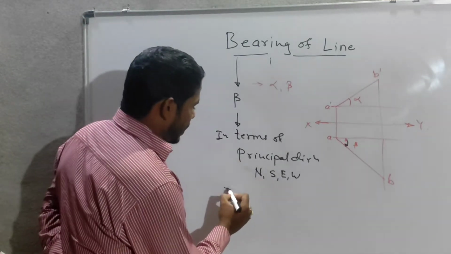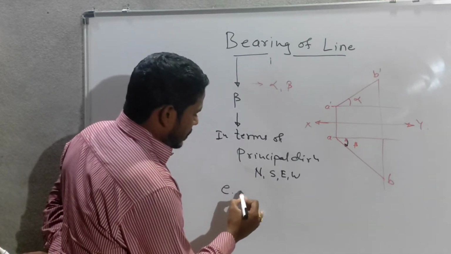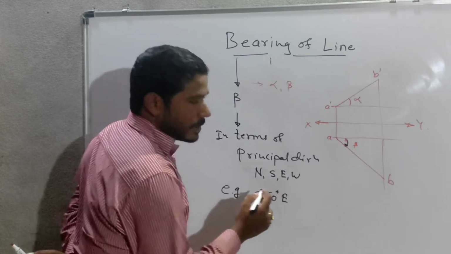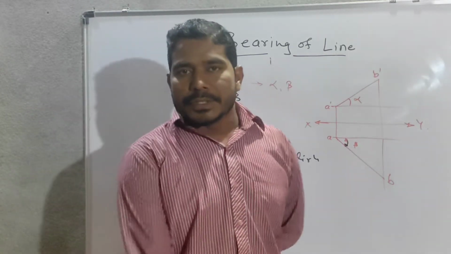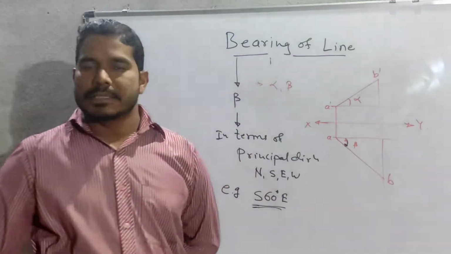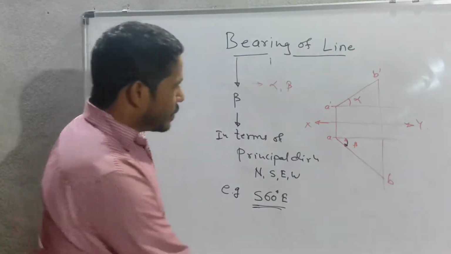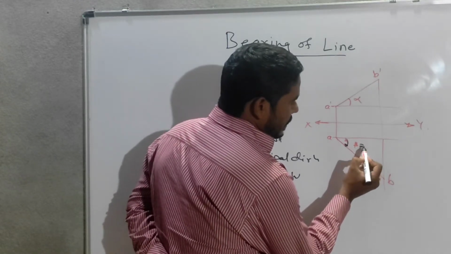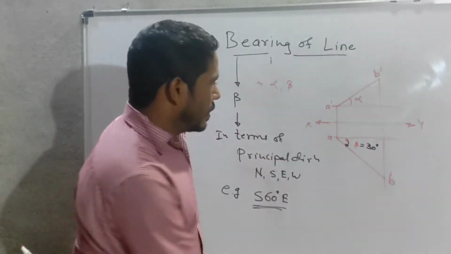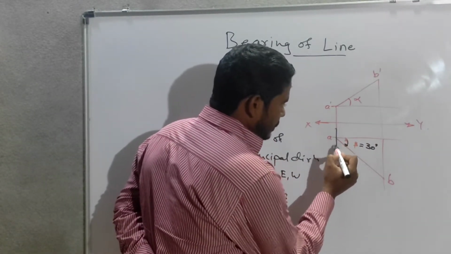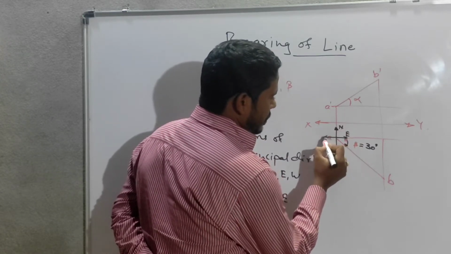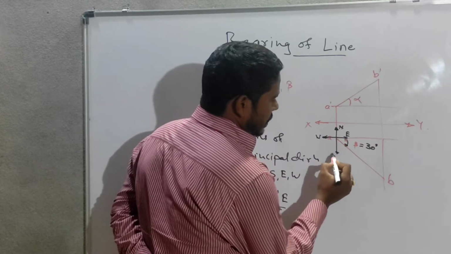For example, I'll take south 60° east. This is the bearing. Whatever the bearing is, it will be shown like this. Suppose I take beta as 30°, and I'll mark the directions here. This is the east, this is the north, the west, and this is the south.